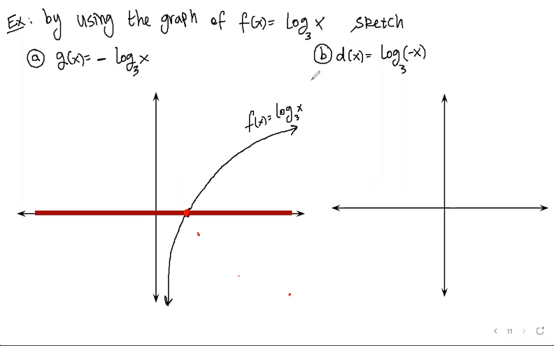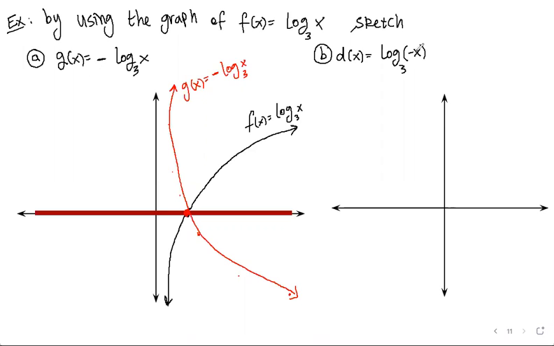So the new curve will be something like this. This is the new curve. This is g of x equals minus log x to the base 3. So the red one is the graph for my first one.